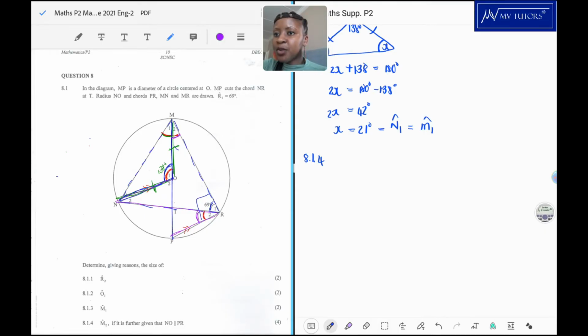So I have R2 over here, and I have N2. And then what else do I have? What else do I need if I'm to get M2? Let me just think about it. So if I have a look at triangle MNR, I know what R1 is, that is 69.